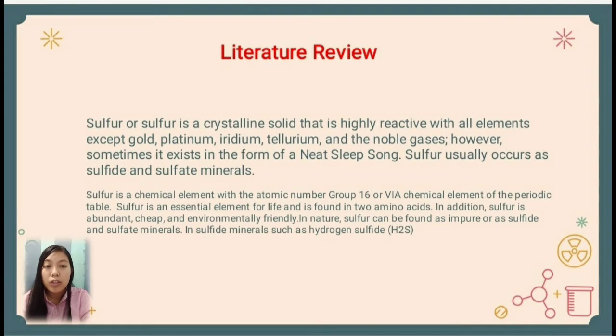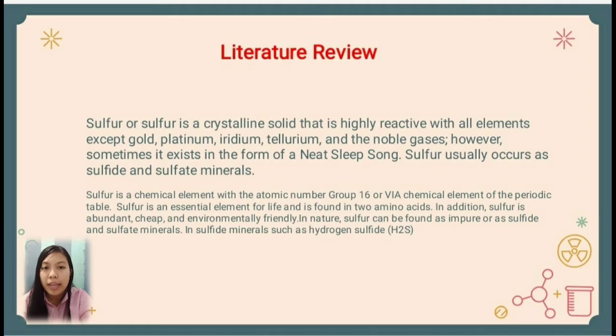Literature review. Sulfur is a crystalline element that is highly reactive with all elements, except gold, platinum, iridium, tellurium, and the noble gases. However, sometimes it exists in the form of long needles.